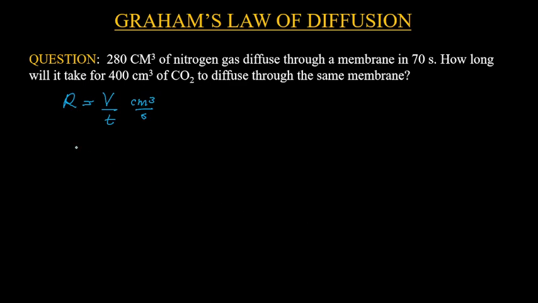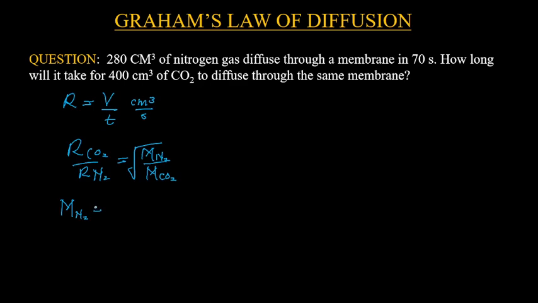Let's look at how we can solve it. Right away, we can pick the expression that the rate of diffusion of carbon dioxide, CO2, to the rate of diffusion of nitrogen gas is equal to the square root of the molar mass of nitrogen gas divided by the molar mass of carbon dioxide gas. So all we have to do is find the molar mass of nitrogen gas and carbon dioxide gas.